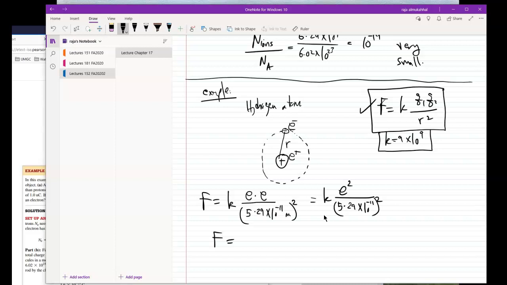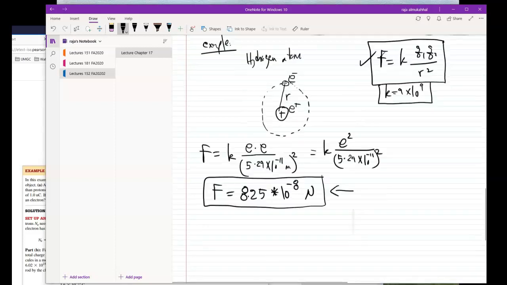I got an answer of, I hope I did it right, 8.25 times 10 to the negative 8 newtons. There we go. Okay, if it's correct, I hope it is. So this is the force between the electron and the proton in the hydrogen atom. You got it, guys? Okay.